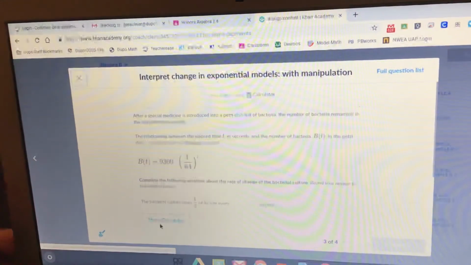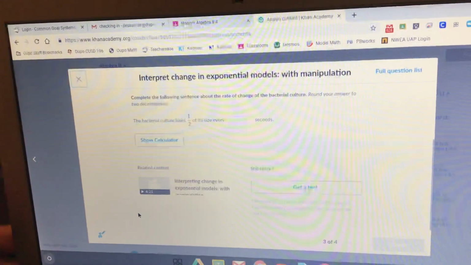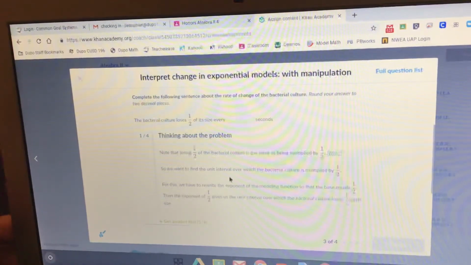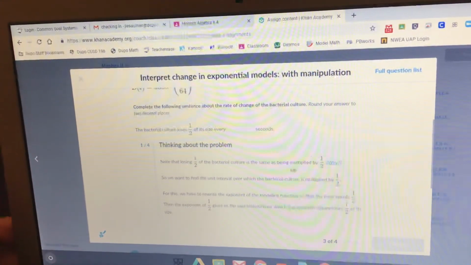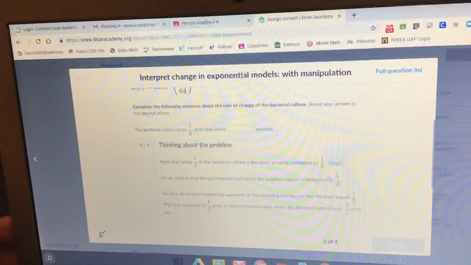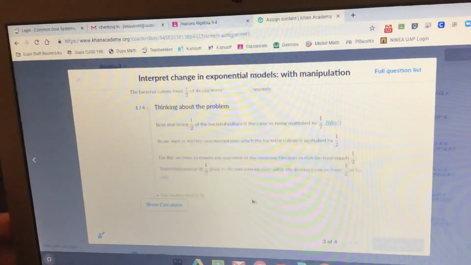Again, they're going to tell me to look at the video first. The video may or may not even have anything to do with this example. But okay, I'll get my first hint. It tells me that losing 1/2 is the same as being multiplied by 1/2 of what? So we want to turn this 1 over 64 into 1/2 of something.